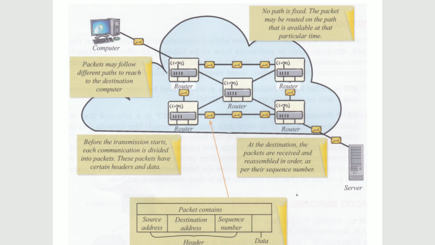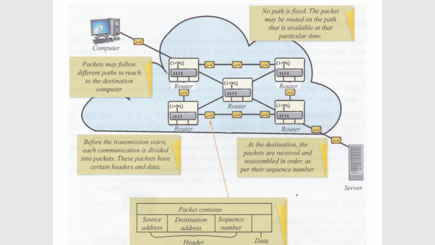Here understand this point. In this figure, the server is sending the data to the computer. From the server, the data is broken into small pieces called packets, and each packet travels from different routes.